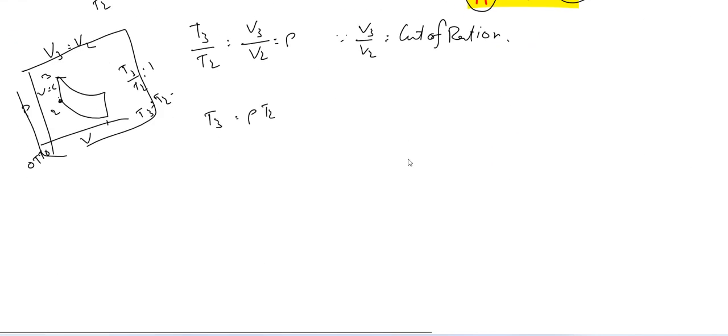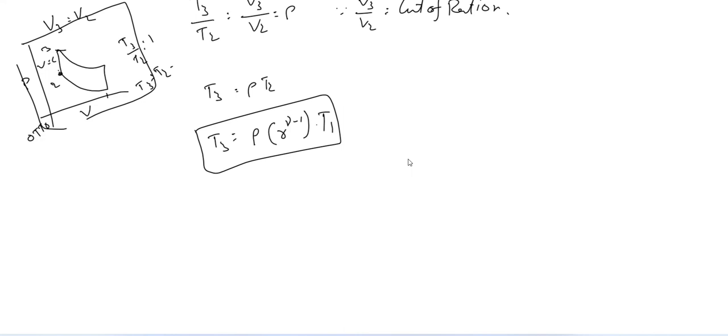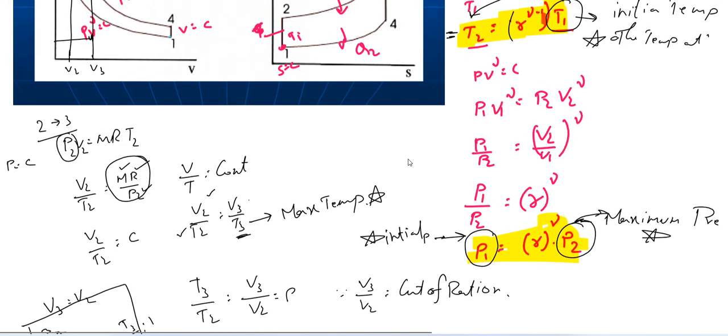If they haven't given T2 in the question, then T3 equals rho into R power gamma minus 1 into T1 temperature. This is also very, very important. Now process 2 to 3 we have completed.